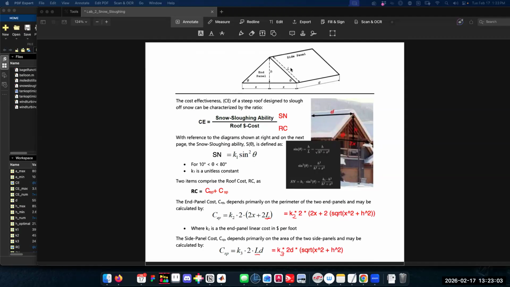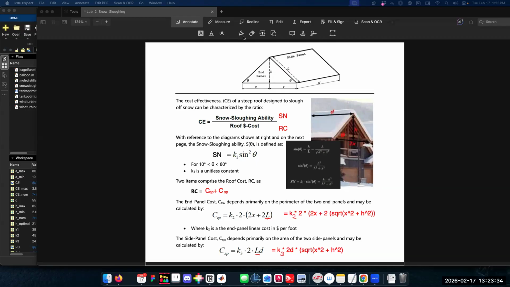So in the drawing here, we need to use geometry to make this in terms of x and h. So on the right side, sine theta is opposite over hypotenuse, and then you square that. How did we get L?